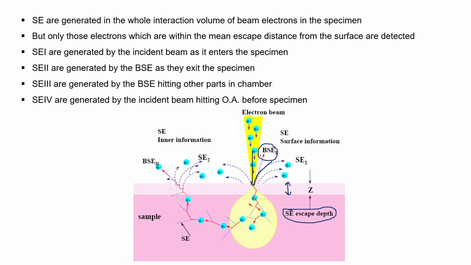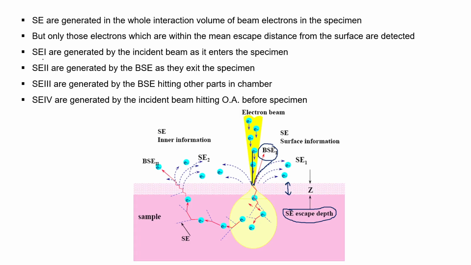Like the back secondary electrons, they also have multiple kinds: SE1, SE2, SE3, SE4. For BSE we studied BSE1 and BSE2. BSE1 is the direct interaction of the incoming beam, which then comes out, whereas BSE2 comes after multiple scattering, like all the paths shown in red in this figure. If it comes out from here, it will be the back secondary electron 2.